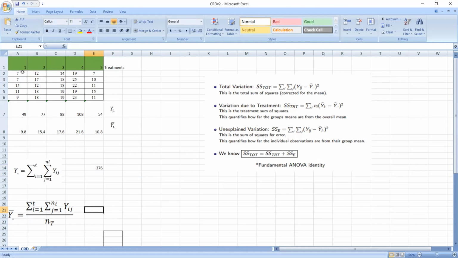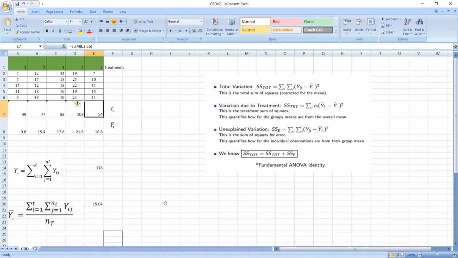Under one treatment you have 5 replicates and we have 5 treatments, so altogether we have 25. The grand total is 376. We can divide it by 25. So this is the grand mean. Now we know the grand mean, the grand total, the treatment means and the treatment totals.